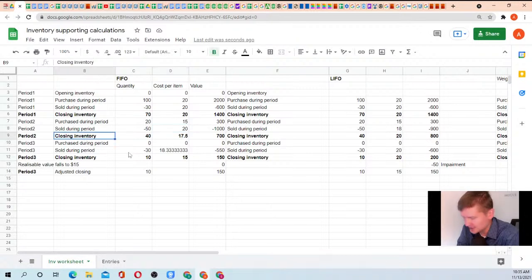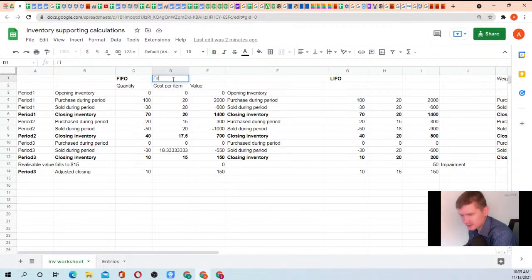And what price shall we use to value our inventory at the end of the period? What would be the correct assumptions here? And in that method, it's first in, first out method.